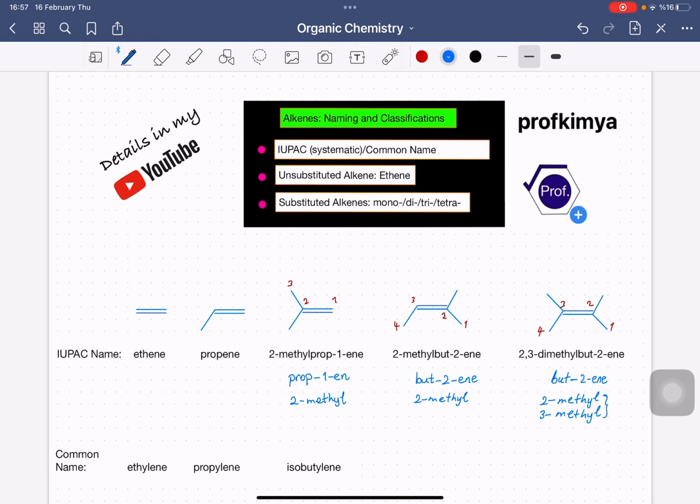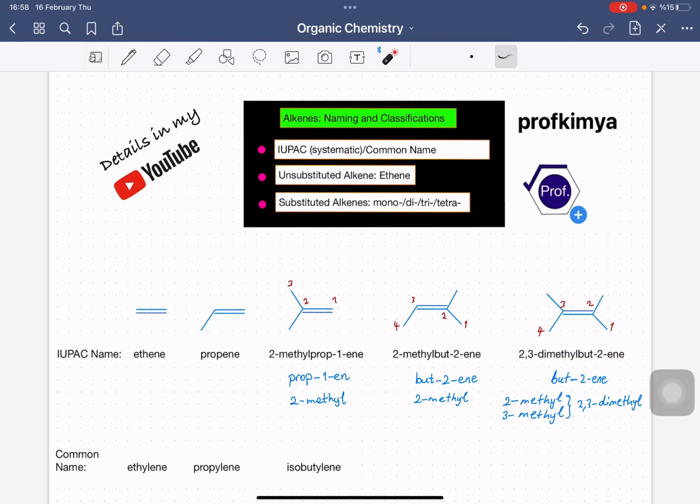These 2 together, we need to say 2, 3 dimethyl. This is the prefix. This is the parent name butane, because the molecule has the longest chain, 4 atoms, butane. At the 2 position there is a pi bond which indicates N.